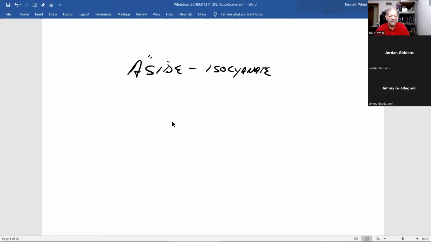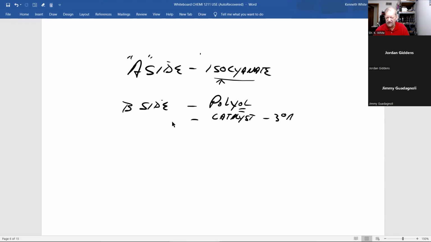The A side is just the isocyanate. The B side contains the polyol. That's the alcohol, or molecule with more than one alcohol. So you get a polymer, and this is usually a polymeric isocyanate, a diisocyanate. Plus, this contains a catalyst, and usually this is a tertiary amine, like Polycat 8, which I showed you how to make in a lecture a while back.